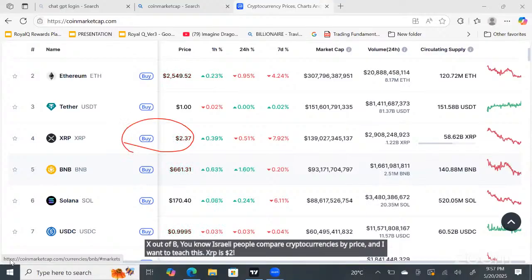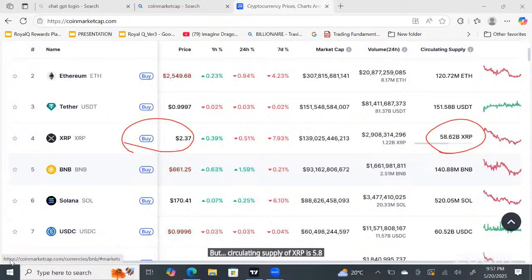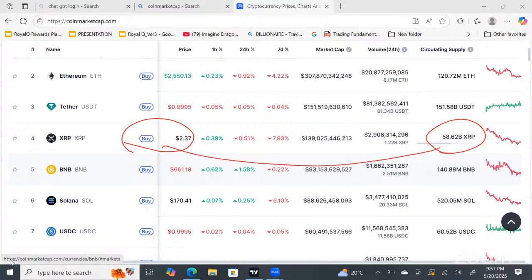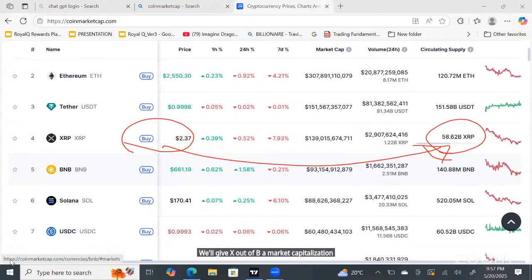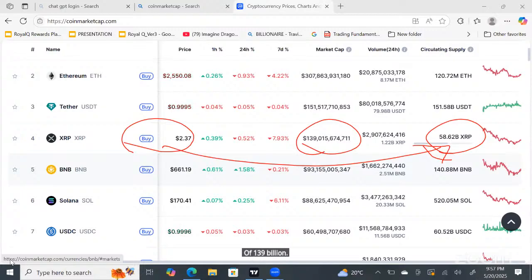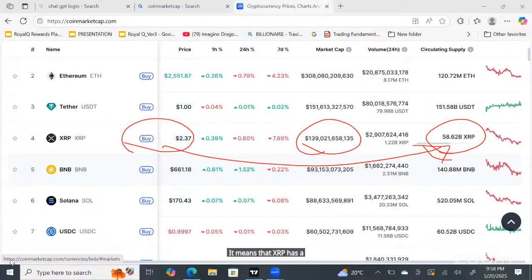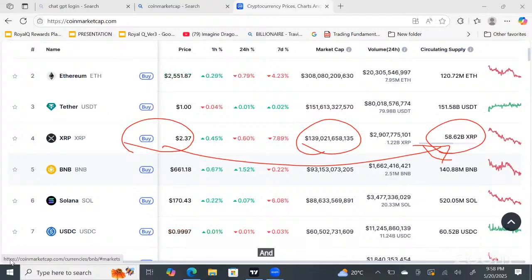XRP is $2, but the circulating supply of XRP is 5.86 billion, which means that the price times the circulating supply gives XRP a market capitalization of 139 billion. It means that XRP has a high supply in the market, and times its price of $2 gives it to be number 4 in the market.